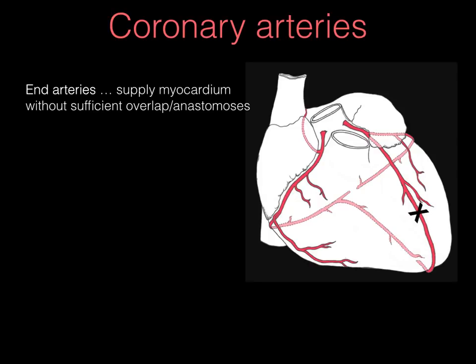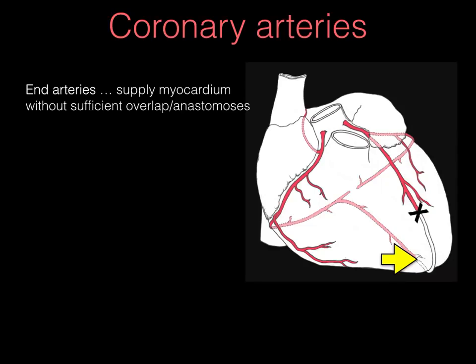For example, you see that X, that represents a blockage in that coronary artery. And as a result, all the tissue downstream no longer gets any oxygenated blood. You would think that looking at this area right there, that looks like an anastomotic connection or an overlapping so that blood would be able to go retrogradely and supply that area. But what we find in clinical studies is that this does not occur.